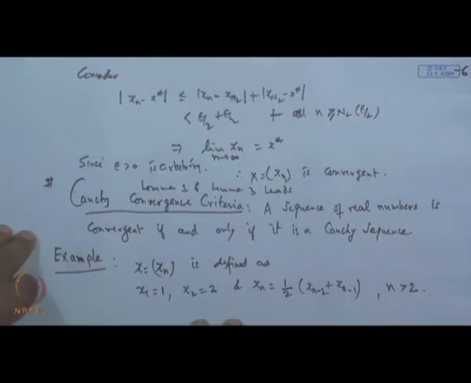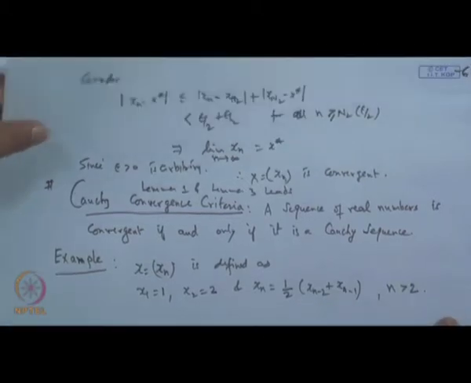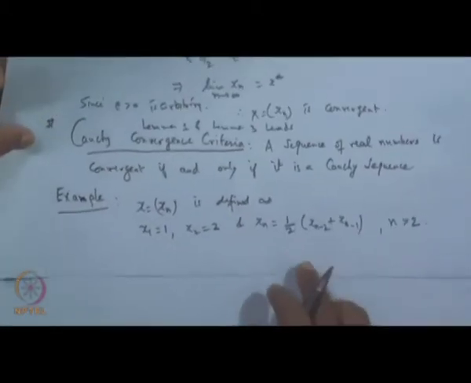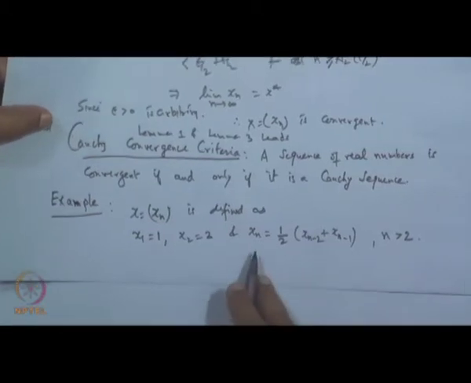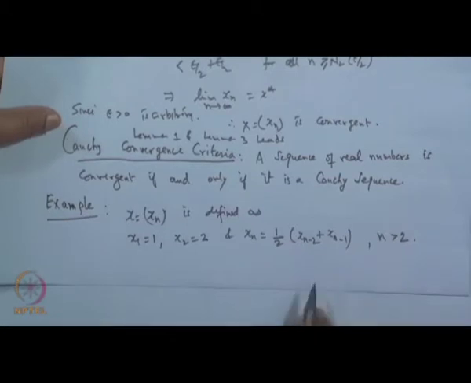Now, if we find the x n's by choosing x 1 and x 2 and then x 3, x 4 and so on, we see that all the terms of the sequence are bounded by 2. I think we have already seen this result earlier, because the odd terms are monotonic decreasing and the even terms increasing.